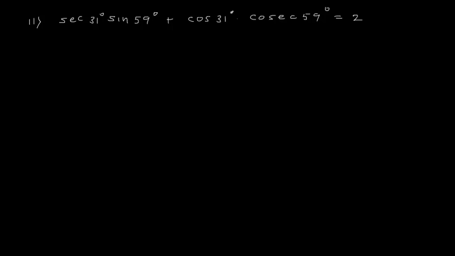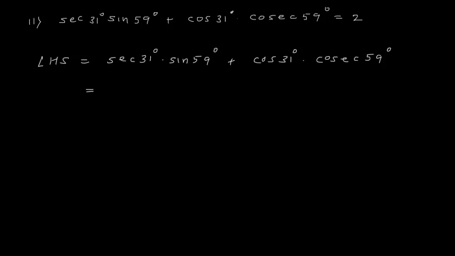I can convert this sec in cosec. So sin is there, so let us take the left hand side. LHS is equal to sec 31 degree into sin 59 degree plus cos 31 degree into cosec 59 degree.